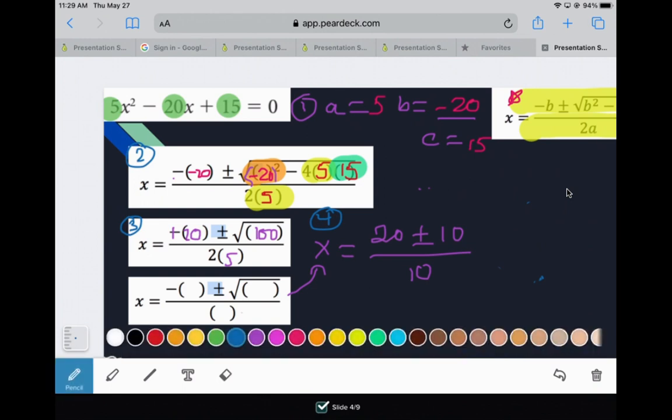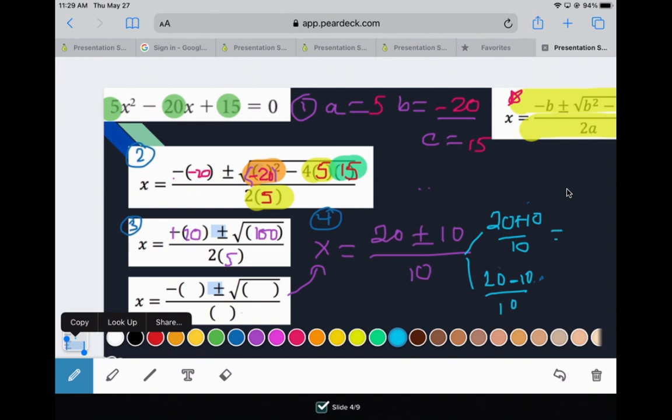Agree, so let me fix it. So this would give you 20 plus 10 over 10. The second equation will be 20 minus 10 over 10, which we can simplify. This one is 30 over 10, so that would be 3. This one is 10 over 10, which gives me 1.